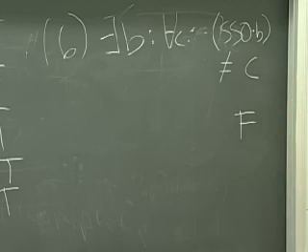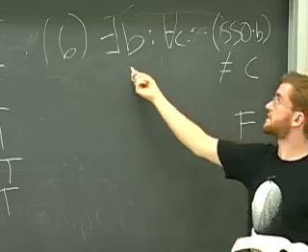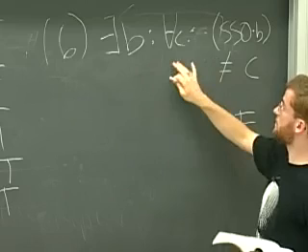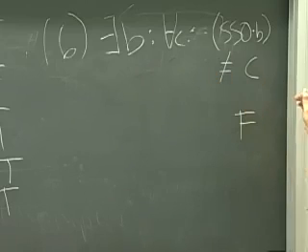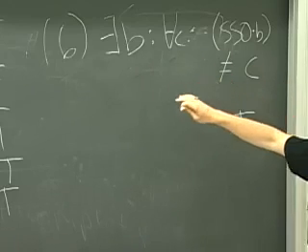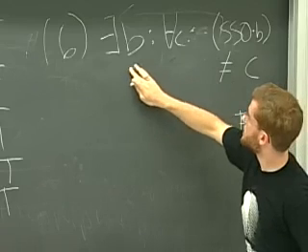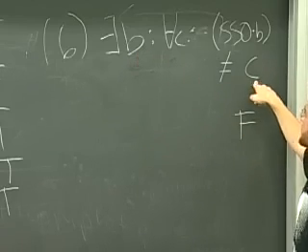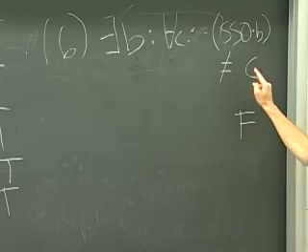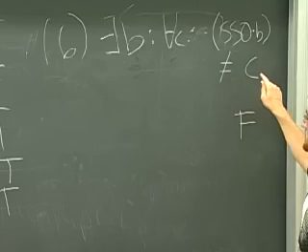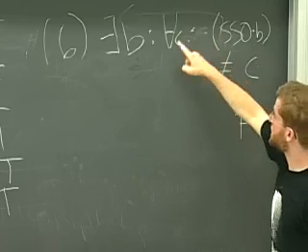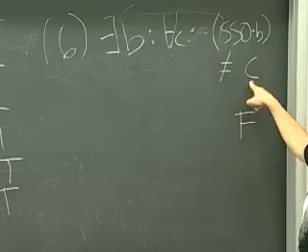Except, see, this flipping back and forth between these existential and universal quantifiers can really make this confusing, because what you have here is that there's a B such that regardless of what you put in here, this equality never holds. But that's not true, because you can take any C. Eventually, it's going to work, right?